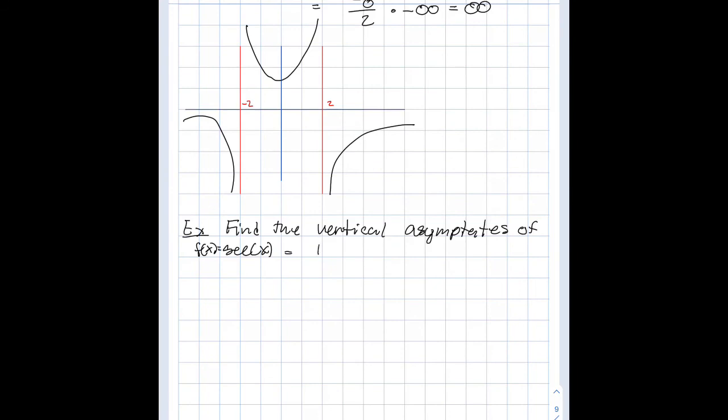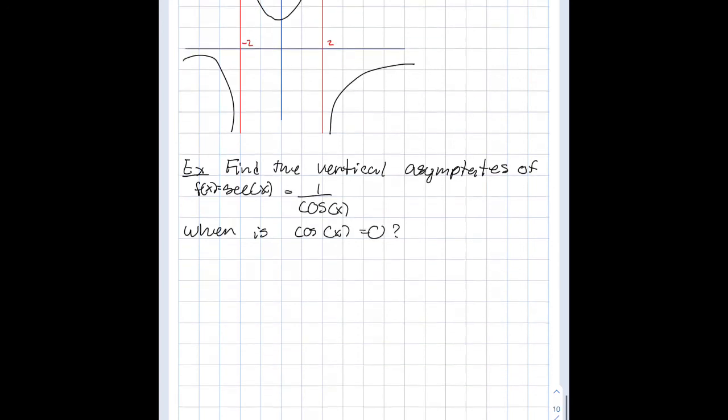All right, so let's remember that secant of x is the same as 1 over cosine of x. So when is cosine of x equal to 0?